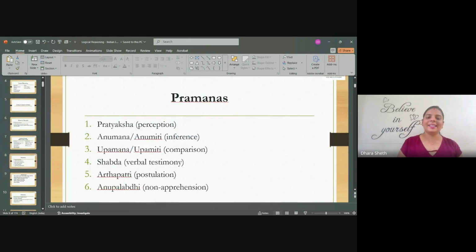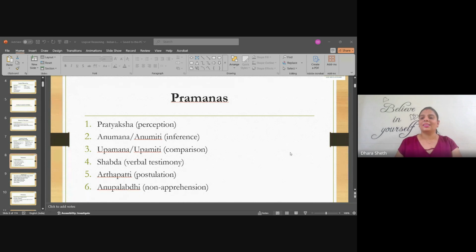Now, in the Nyaya school of philosophy, what they talk about is how to get knowledge. So what we are learning in logic systems is how we get knowledge of anything in this world. We can get knowledge of anything in this world in 6 ways.